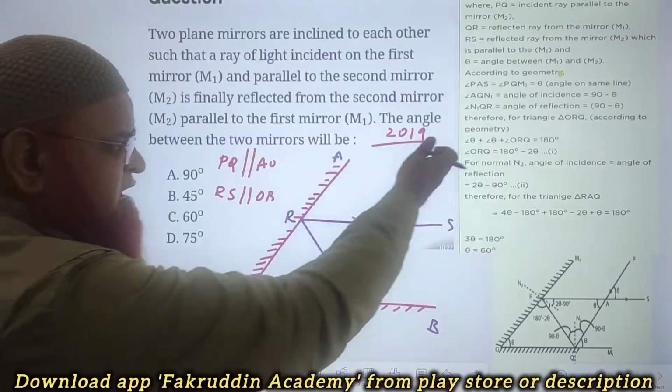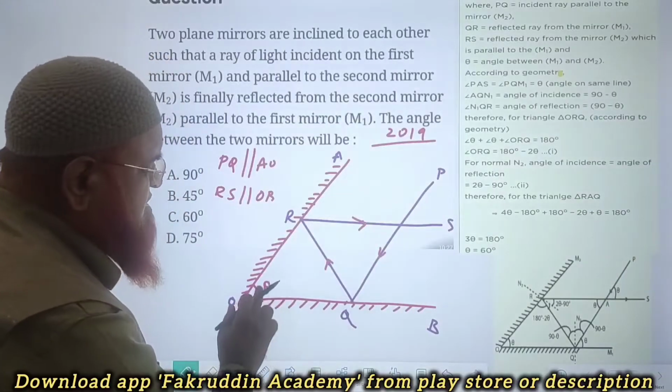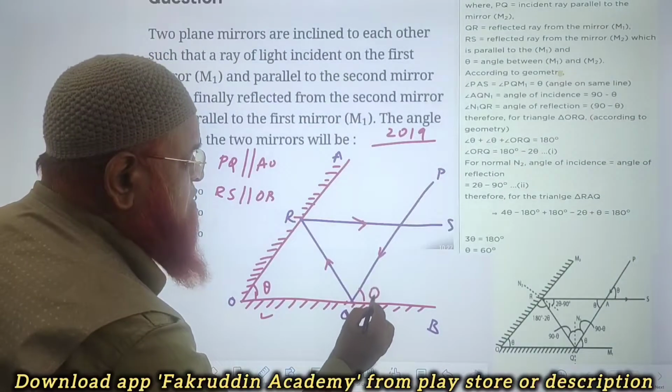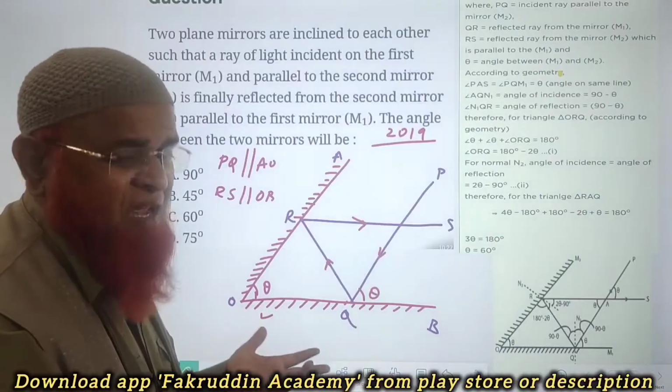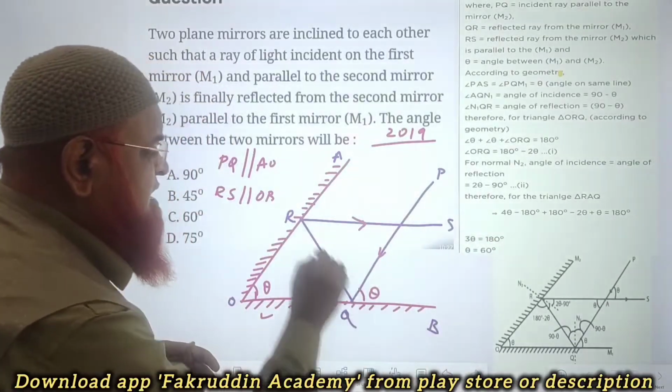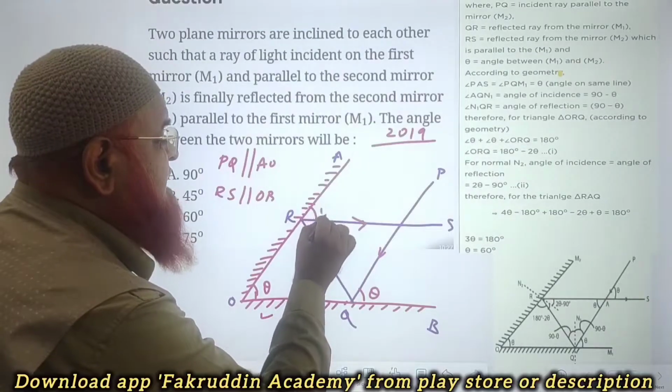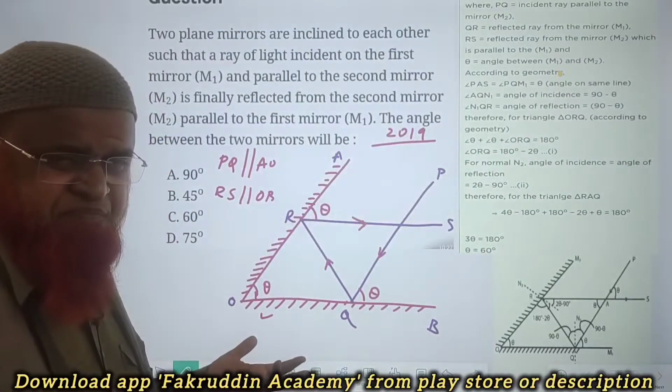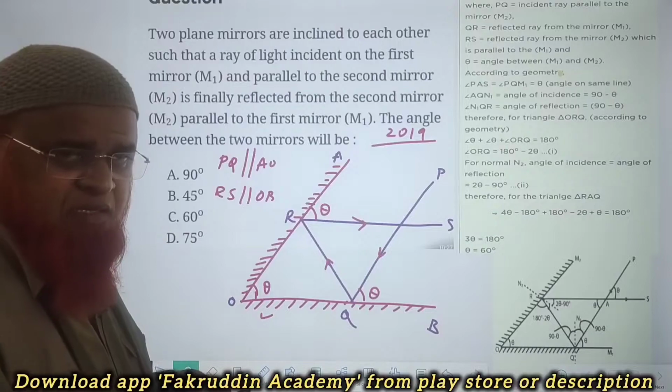When these two light rays are parallel, this angle and this angle will be the same because they are corresponding angles. When this line is parallel to this mirror, this angle and this angle are going to be the same because they are corresponding angles.